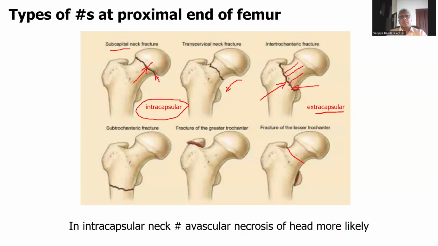On the posterior side, since the capsule falls short of the intertrochanteric crest, the retinacular fibers pass from here to here, so it's short. So if your fracture line is here, for instance, on the anterior side vessels will get damaged, but on the posterior side, vessels are intact. So the chances of avascular necrosis would be less.